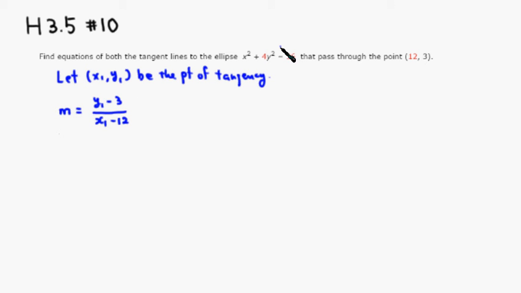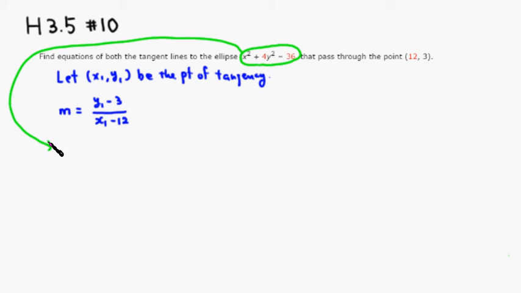So if you take this equation right here and take the derivative with respect to x, you will get 2x plus 8y dy/dx, equal to the derivative of 36, which is 0.